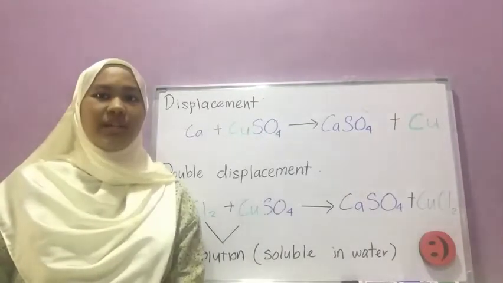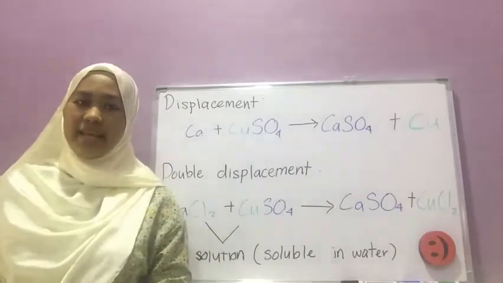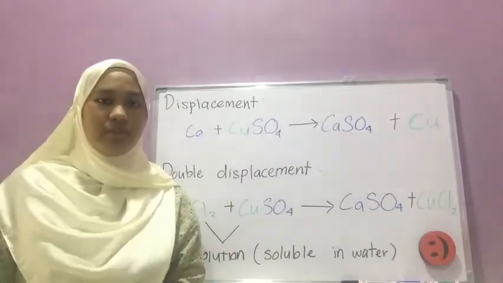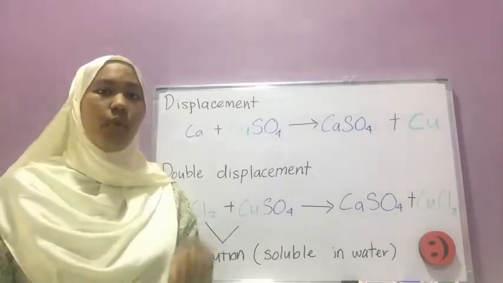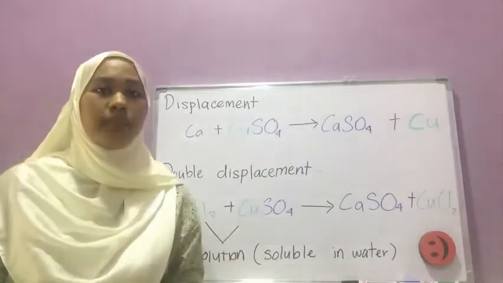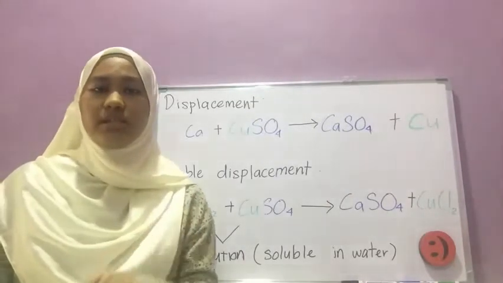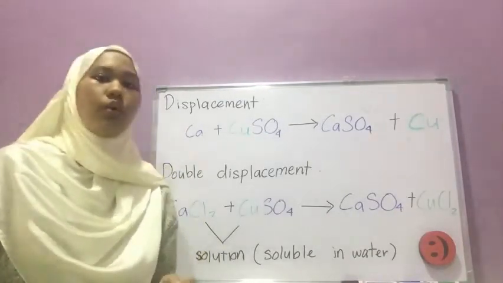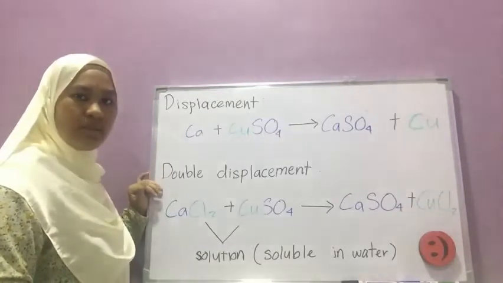So preparation of insoluble salts is much easier than preparation of soluble salts. Why? Because preparation of insoluble salts only has one reaction. Before we go further to the preparation of insoluble salts, I want to show you the displacement that is included in the preparation. So here we have displacement and double displacement.